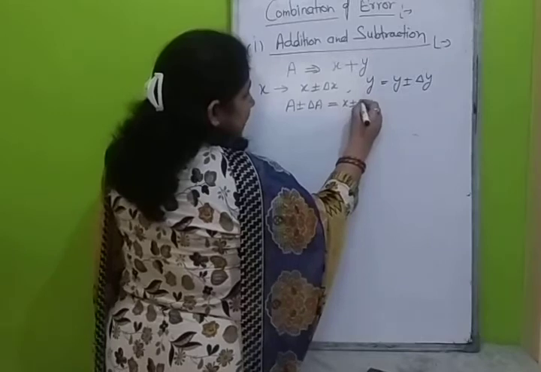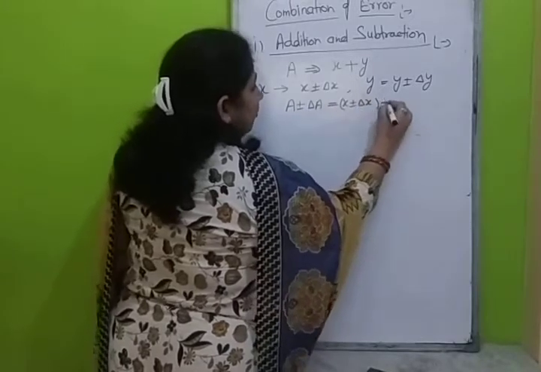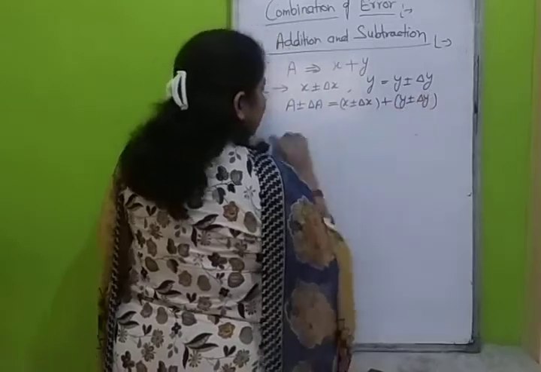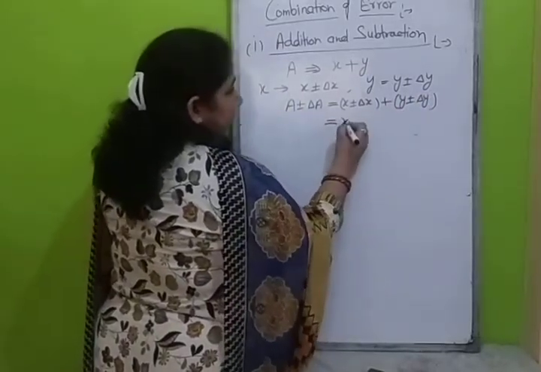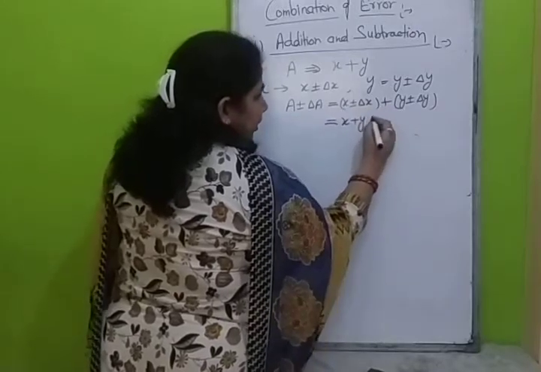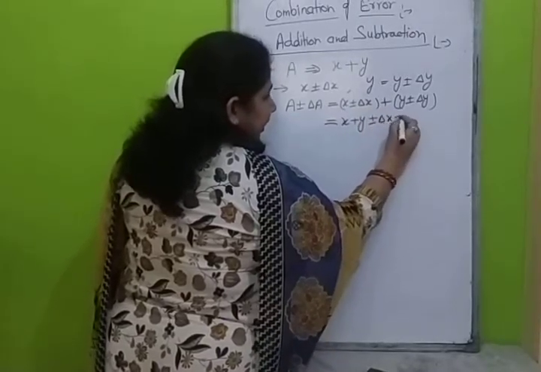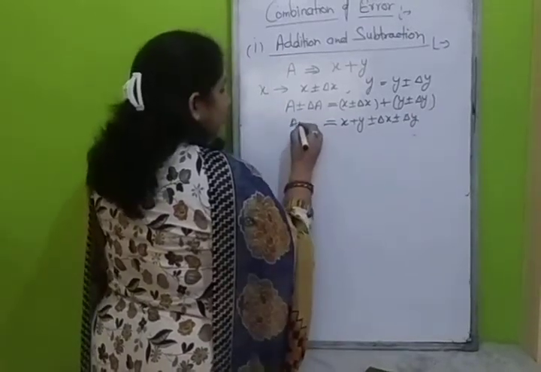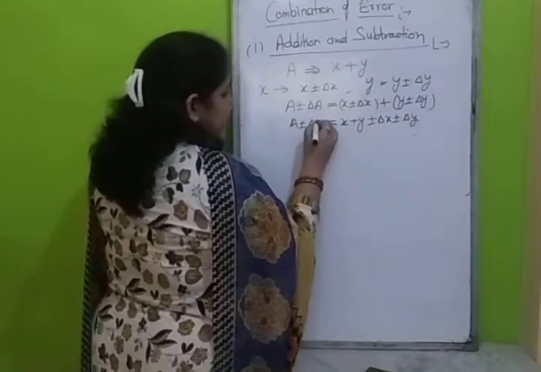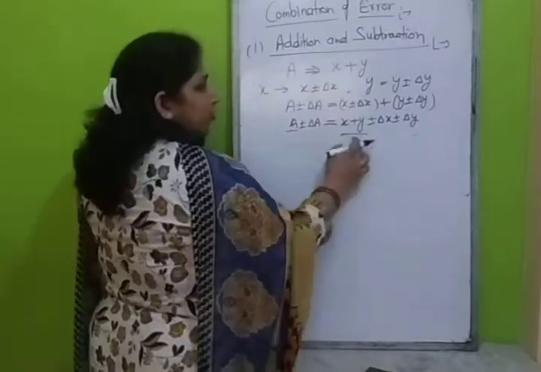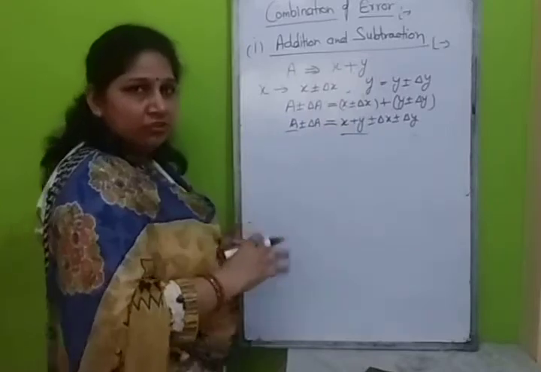x plus minus delta x plus y plus minus delta y. Now x plus y plus minus delta x plus minus delta y. This carries on as A plus minus delta A. On comparing, A should be equal to x plus y. What is the true value?